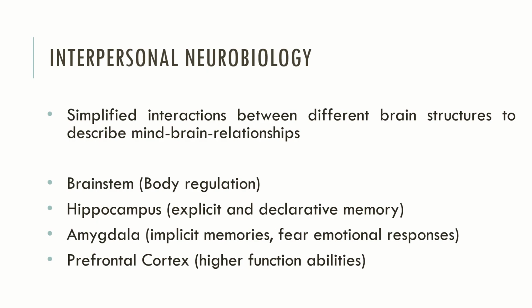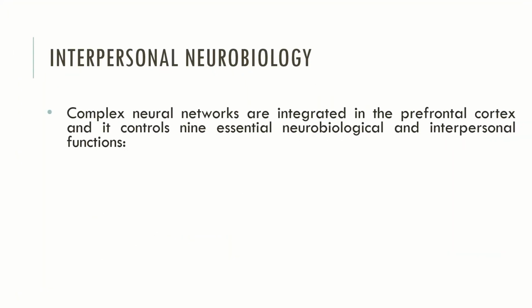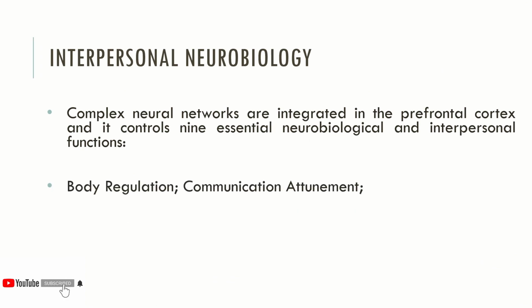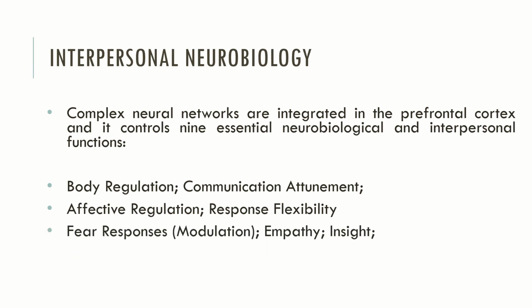So, complex neural networks are integrated in the prefrontal cortex, and it controls 9 essential neurobiological and interpersonal functionings: body regulation, communication attunement, affective regulation, response flexibility, fear modulation, the expression of empathy, the ability of insight, and also self-awareness and intuition.